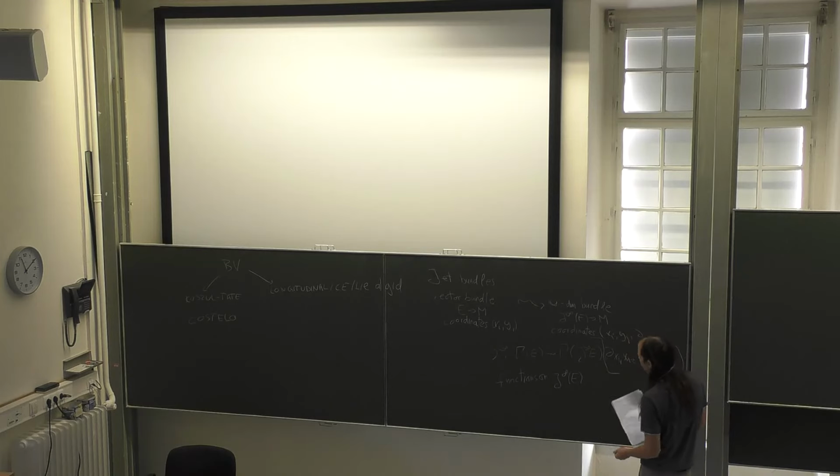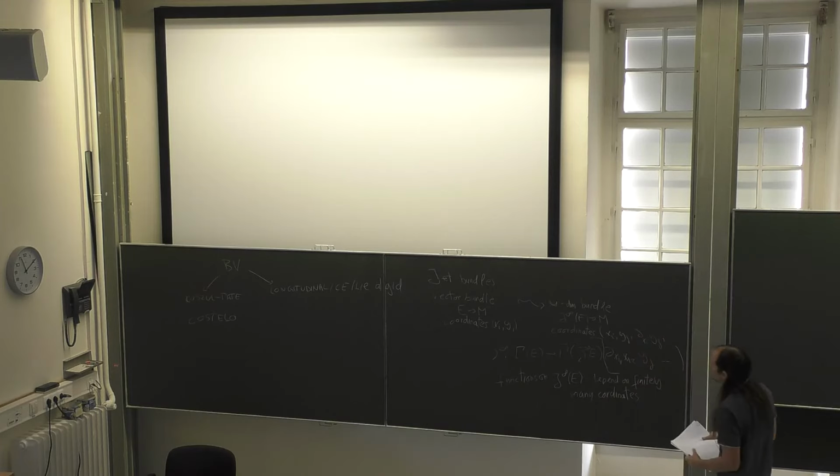These are functions that depend on finitely many coordinates, and you can think of them as a direct limit of functions on finite jets. Okay, I think this is all more or less known.